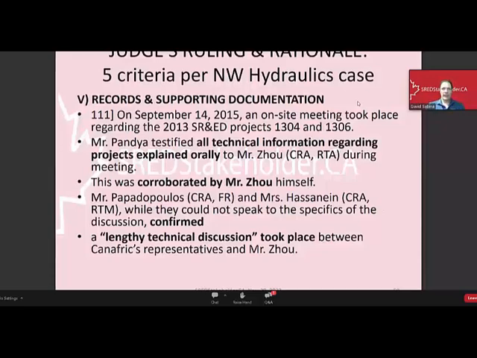In this particular case, and this is a bit of an anomaly here, there seems to be a bit of a diversion here in that the tax court put a fair amount of emphasis on the fact that the claimant had had discussions with the RTA, Mr. Zhu himself, as well as the manager, the RTM, and the financial reviewer, at which point we're told lengthy technical discussions took place that provided the information.